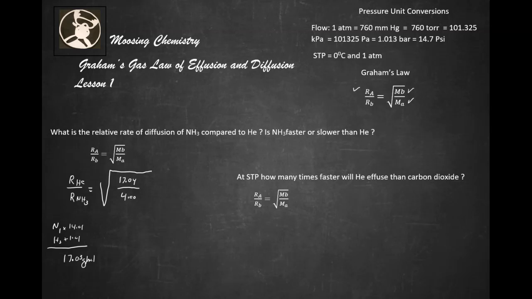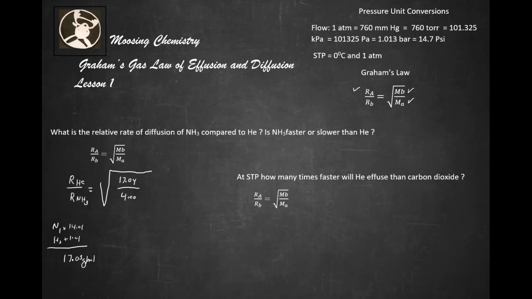So what we're going to do is take 17.04 divided by 4.0, and then the square root of it. 17.04 divided by 4.00 gives me 4.26.